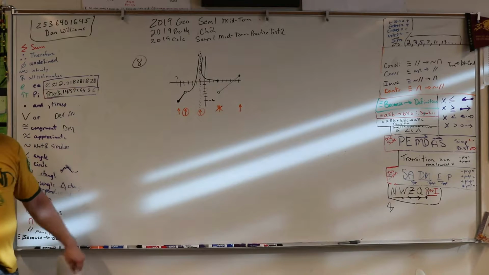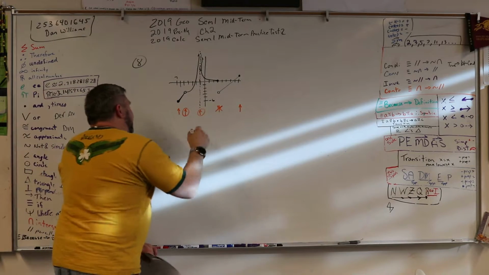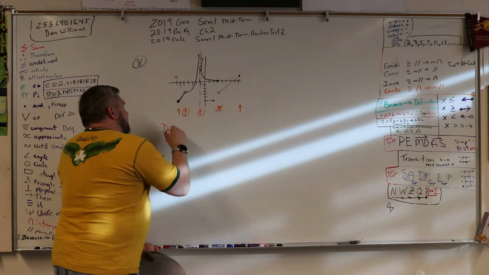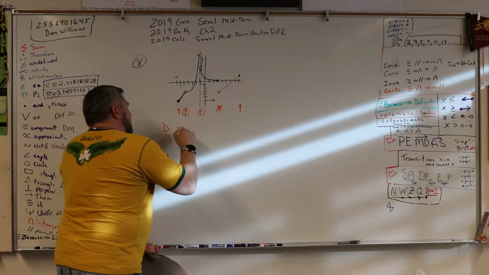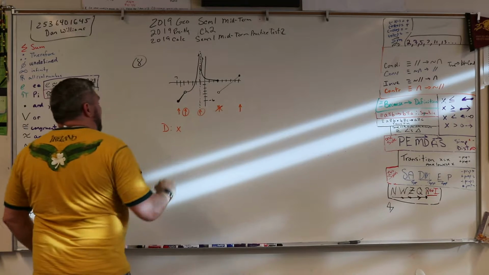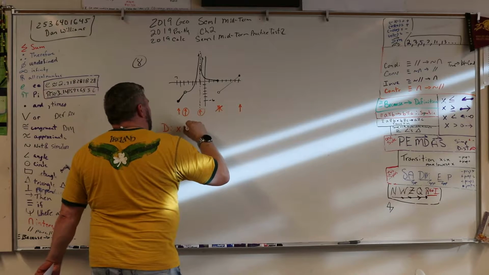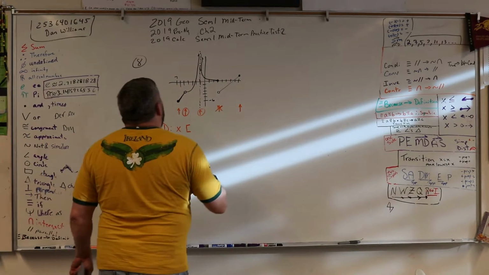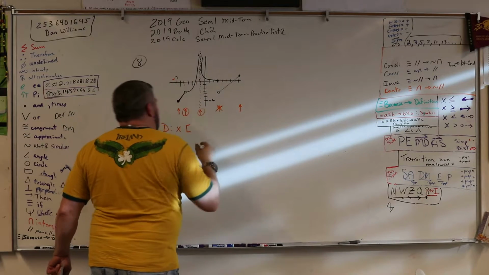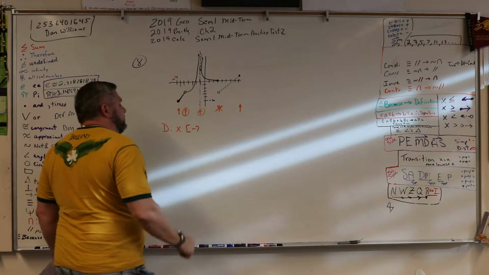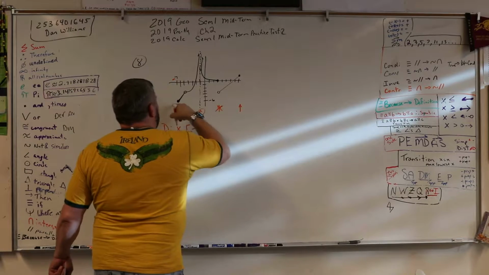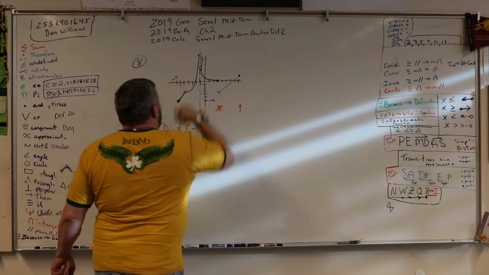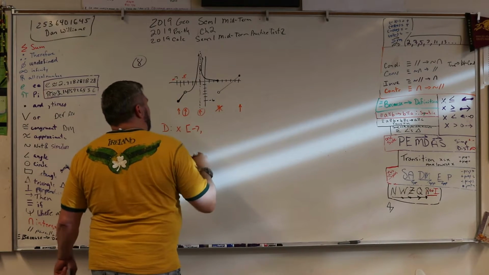Alright, so then the domain on this function is D, such that X is what? So X is equal to, and that makes it a bar, a bracket, right? Equal to -7, right? And then it goes to -5, right?